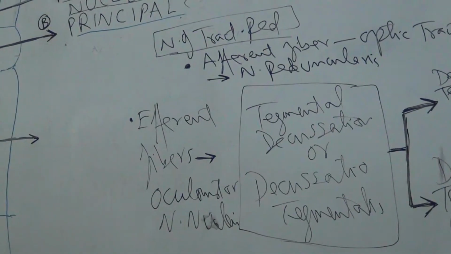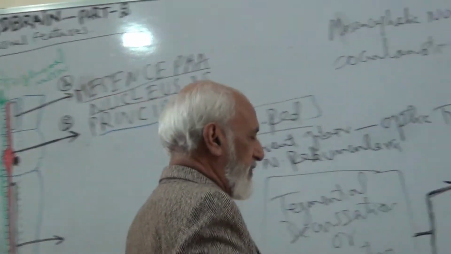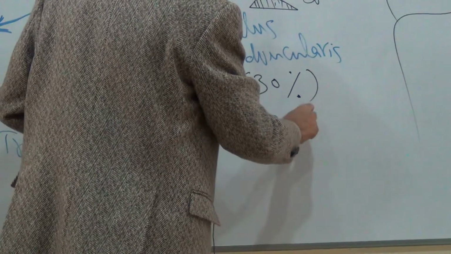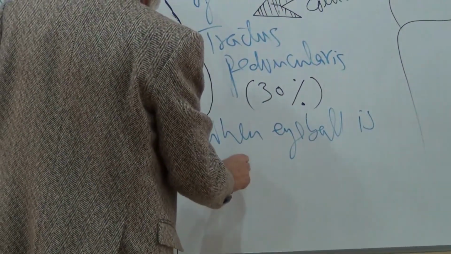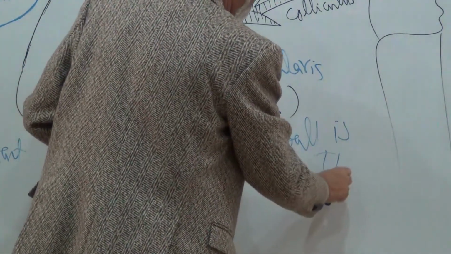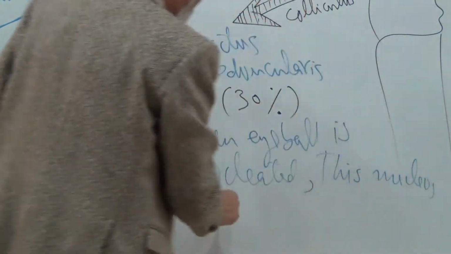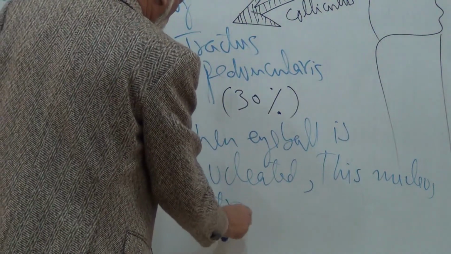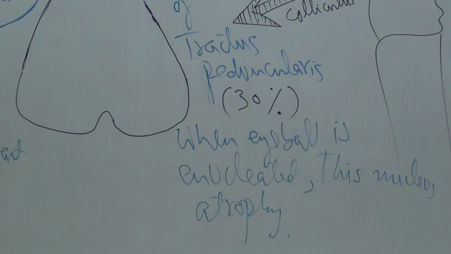Now, the exact function of this nucleus we do not know, but when the eyeball is enucleated, when the eyeball is removed, this nucleus atrophies and disappears.